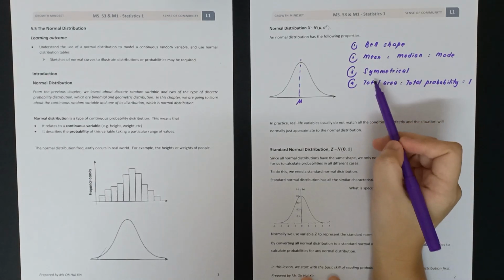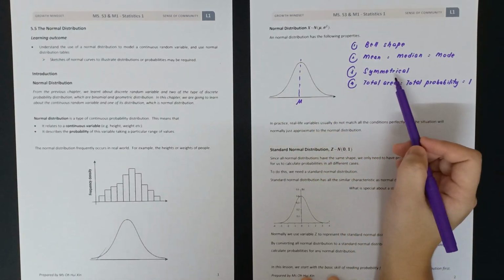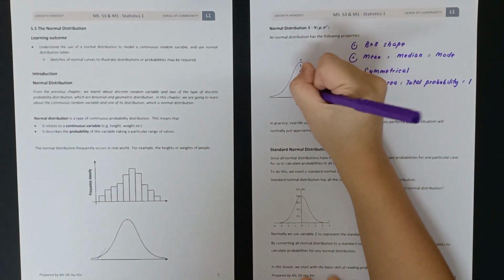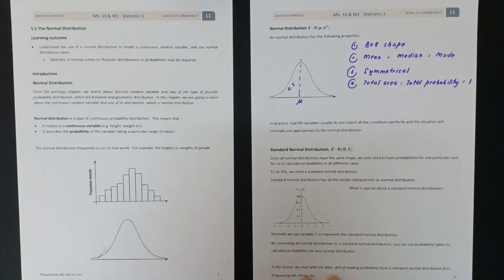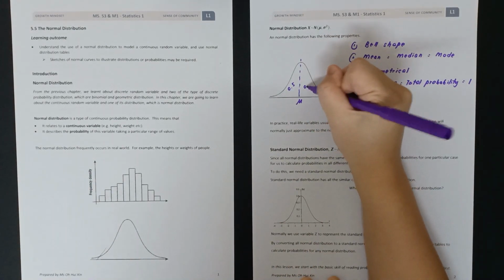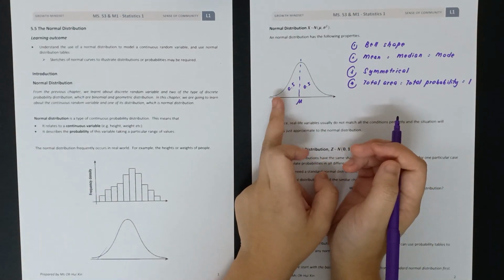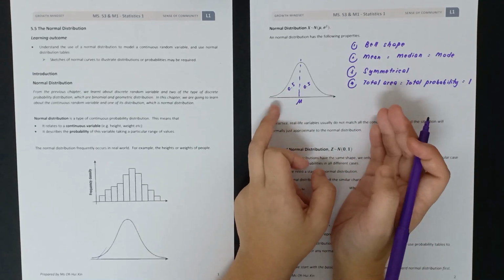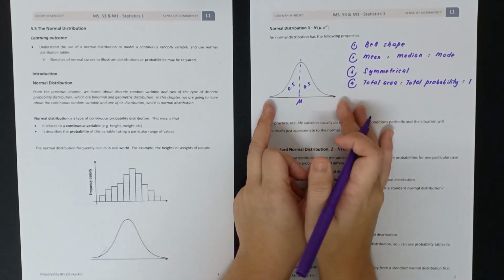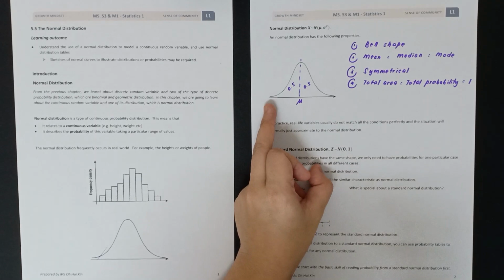Since this graph is symmetrical, on my left-hand side is going to be 50% of the people, and on my right-hand side is going to be 50% of the people also. All the people fall under the infinity, maybe the shortest one is 100, then the tallest one is 200. This is just an example, and normally we don't have that number.